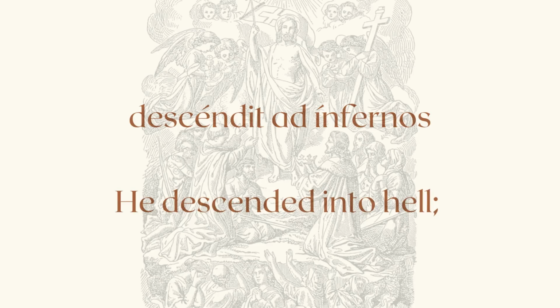Descendit is the perfect tense of the third person singular form of the verb descendere, to descend. And you'll find that in the vocabulary list for this lesson. Remember, the same form, descendit, is also used for the present tense of the third person singular. So you'll always need to look at context to figure out exactly what is meant by descendit.